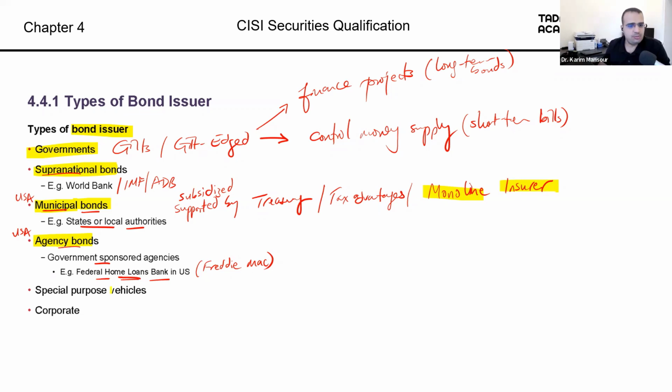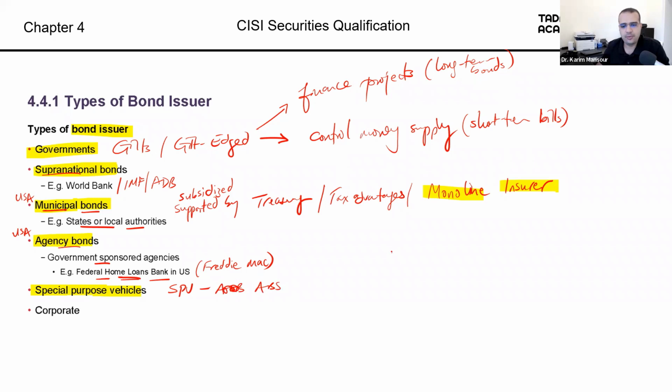Other parties that might issue bonds are special purpose vehicles, or what we call SPVs. Remember, we talked about these a bit in chapter 2. We said SPVs issue bonds to investors for asset-backed securities, ABS.